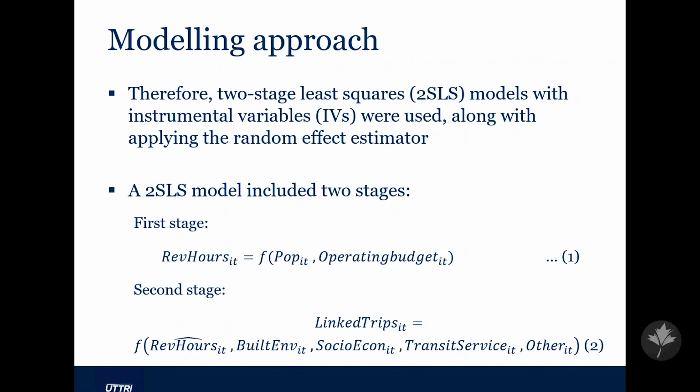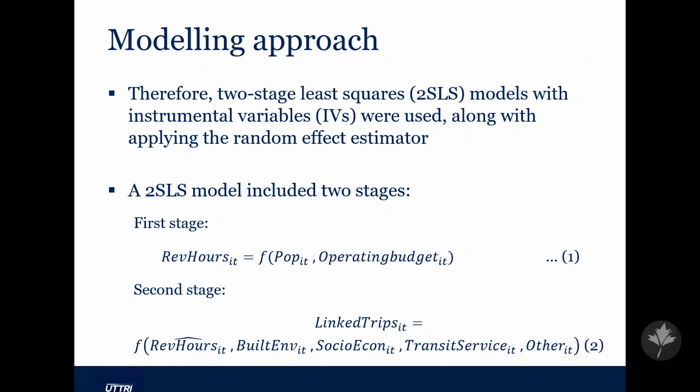So we essentially developed two models. The first model is the supply model, which is revenue hours as a function of so-called exogenous variables, and those exogenous variables were the population and the operating budget. In other words, we were estimating the revenue hours, which is a measure of supply, as a function of the population of the service area and the operating budget of the transit agency. So it's not really a function of demand directly.